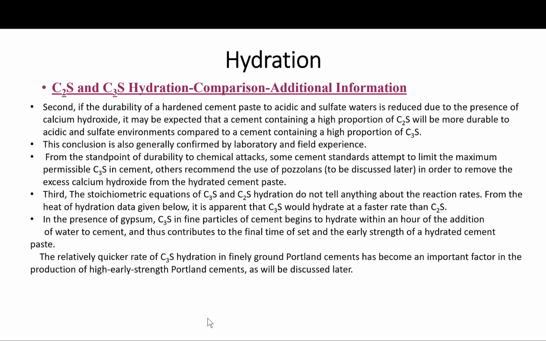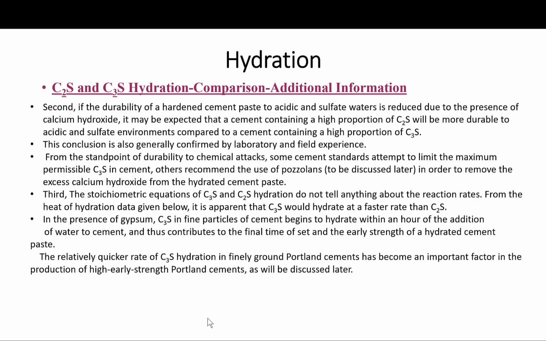Also, in the presence of gypsum, C3S and fine particles of cement begin to hydrate within an hour of the addition of water to cement, and thus it contributes to the final time of set and early strength of a hydrated cement paste. And again, gypsum has an impact.